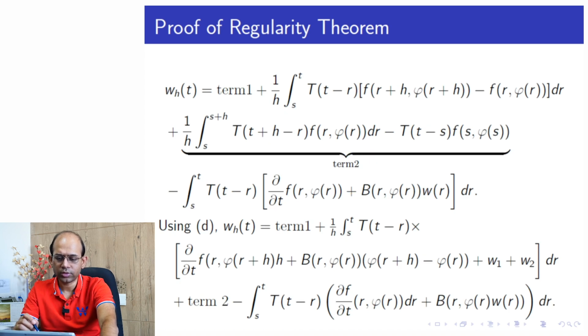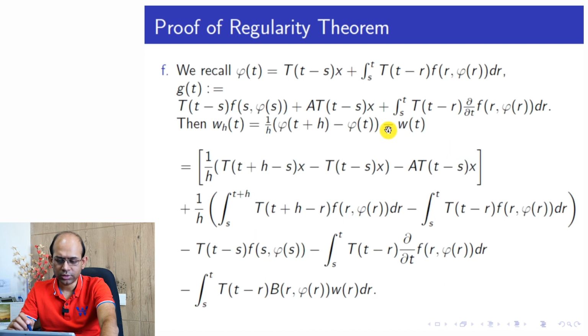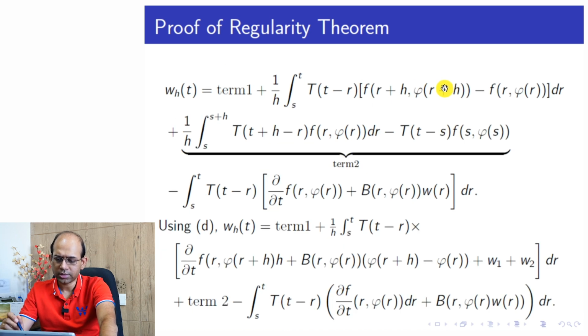So what we do is 1 over h, s to t, capital T of t minus r, that is common in those two terms, so we take it common, and then the difference of the remaining terms. So here I would get f of r plus h phi of r plus h, here f of r phi of r, so this difference would appear there: f of r plus h phi of r plus h minus f of r phi of r dr.